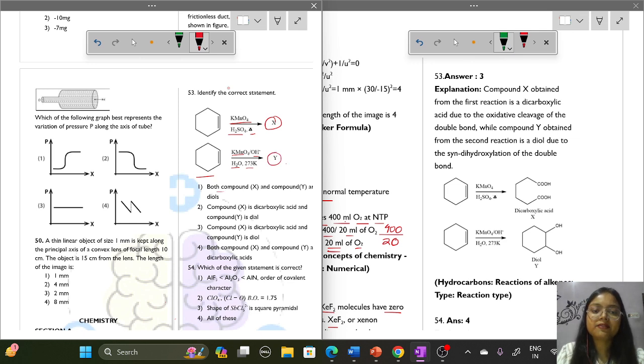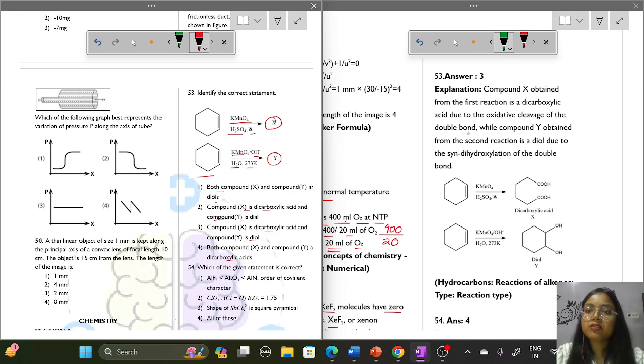Both compound X and Y are diols. Compound X is dicarboxylic acid and compound Y is a diol. And both compound X and compound Y are dicarboxylic acid. So let's solve for the reaction first.